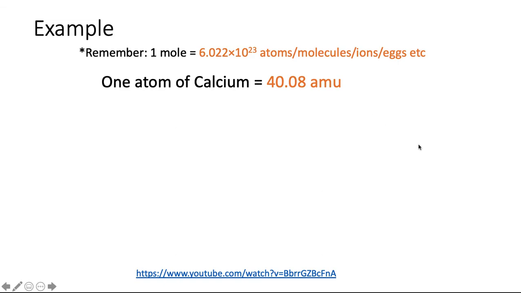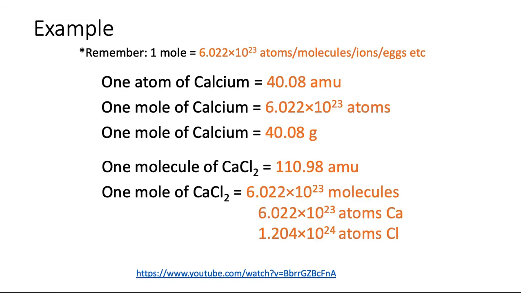Now, I have worked out this example, how to calculate this, in a video, so you can watch this. But always remember that 1 mole is the same as 6.022 times 10 to the 23rd atoms, molecules, ions, eggs, etc. So if I have 1 atom of calcium and I look underneath the symbol of calcium in the periodic table, you'll see that it has 40.08.